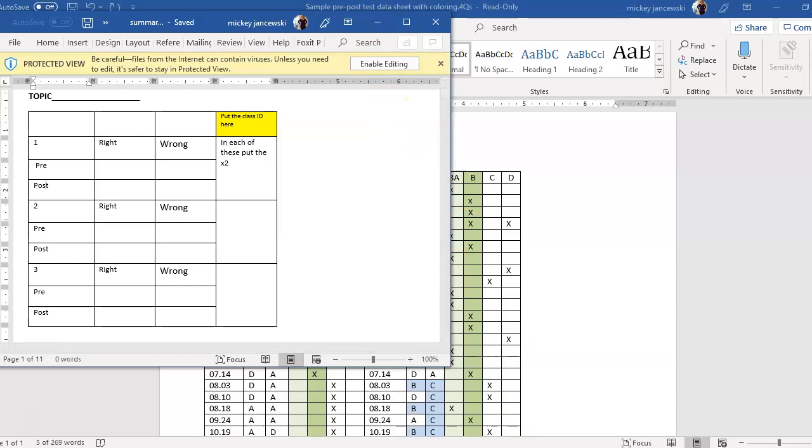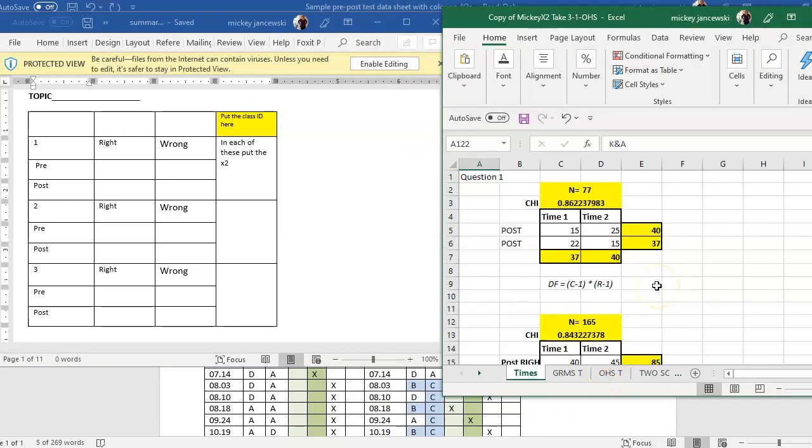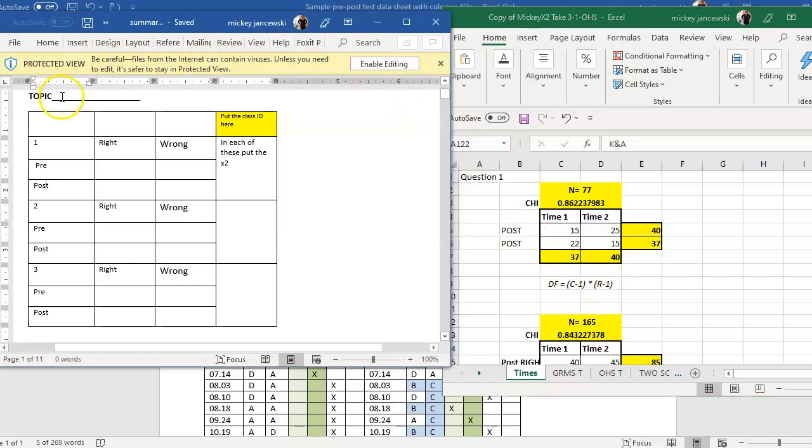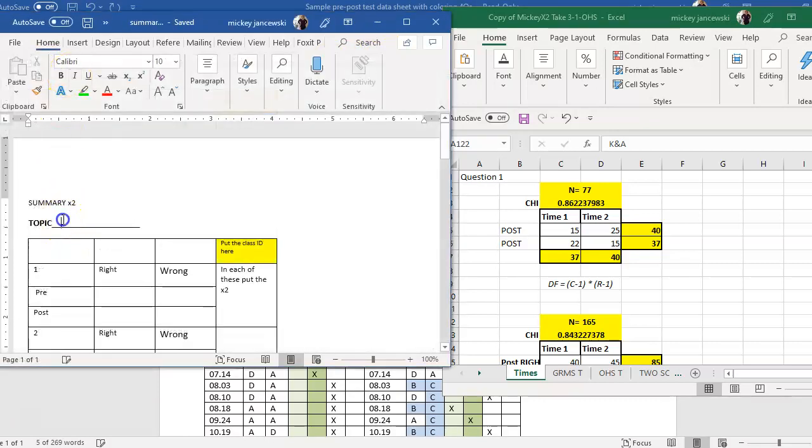Then what you have to do gets a little more complicated, and that is attempting to get this information from here into here. So let's say that this is 10 to 11, and let's say that I have information in there already.